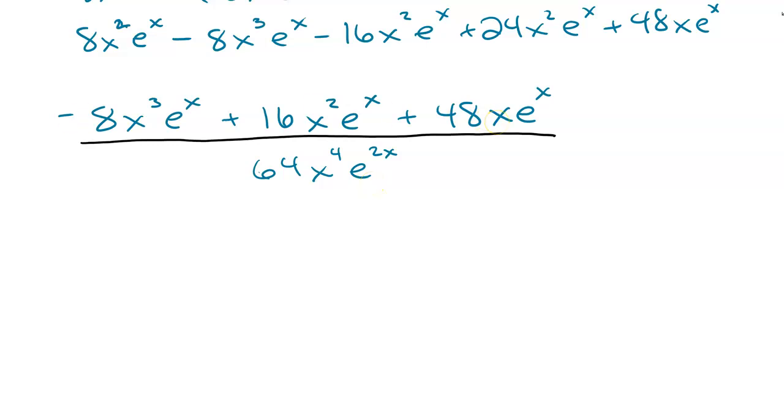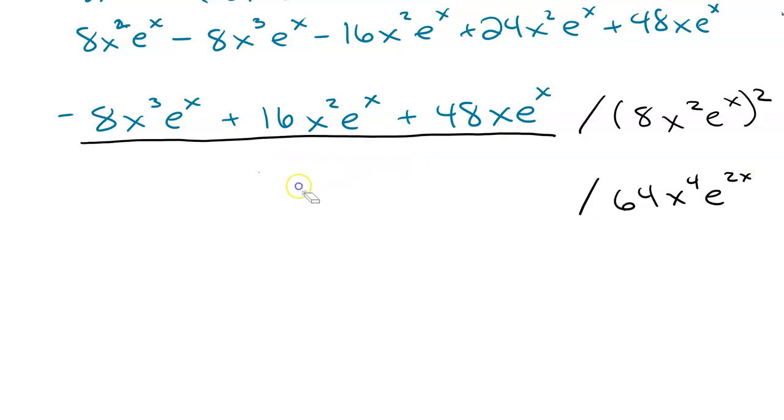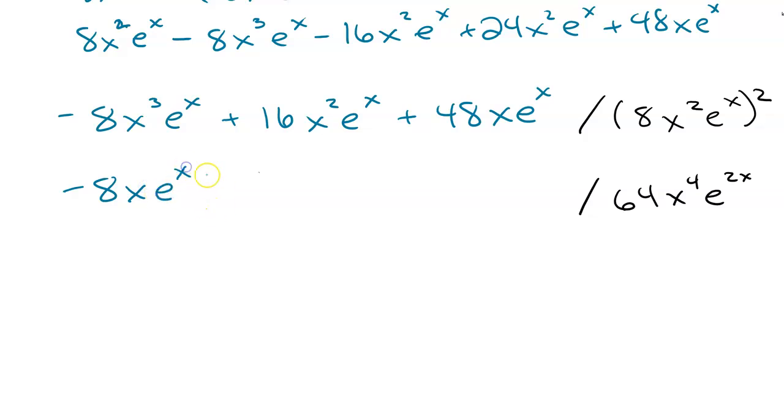This top part here, let's rewrite this to make it a little bit easier for us. We can pull out a GCF in our numerator. So that'd be negative 8x e to the x. So that gives us x squared minus 2x minus 6. And we can divide that with our denominator there.